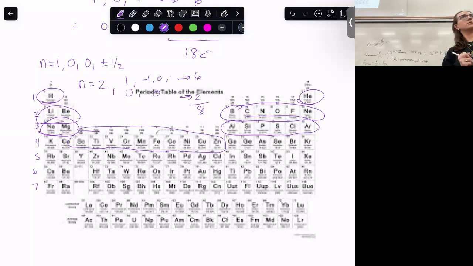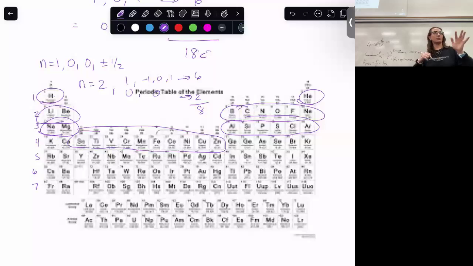Your transition elements are a block of 10, and that's where your 10 electrons come from. So even though they're in the fourth row, it's still the first time you see those 10 electrons. So that's where the 10 come from.